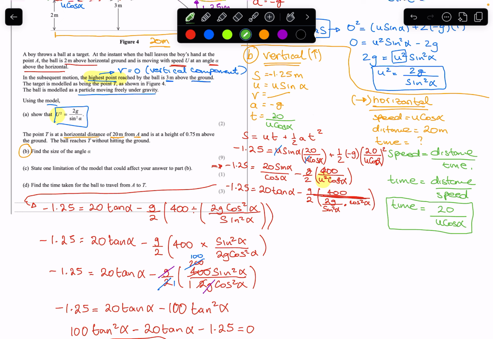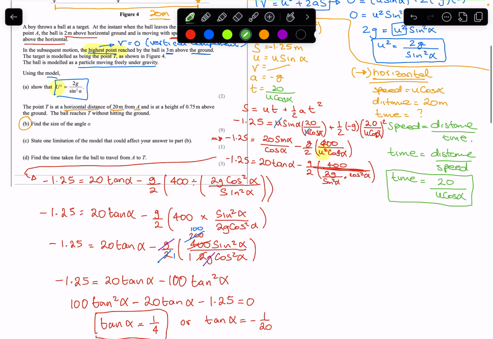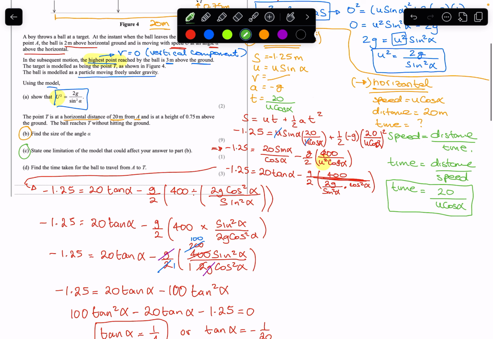So now let's have a look at how we can do part C. Part C is telling us to state one of the limitations of the model that could have affected your answer to part B. Well, in this case, we said horizontally the object always travels at the same speed. Realistically, this is not possible because we have air resistance, for example, and that would be one of the limitations of the model that could affect the answer, and we can mention it.